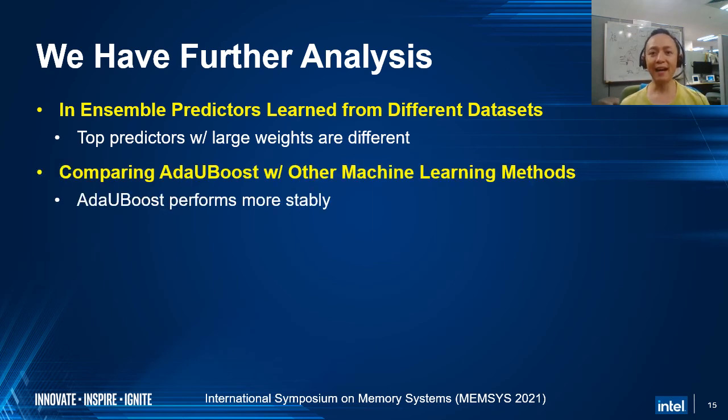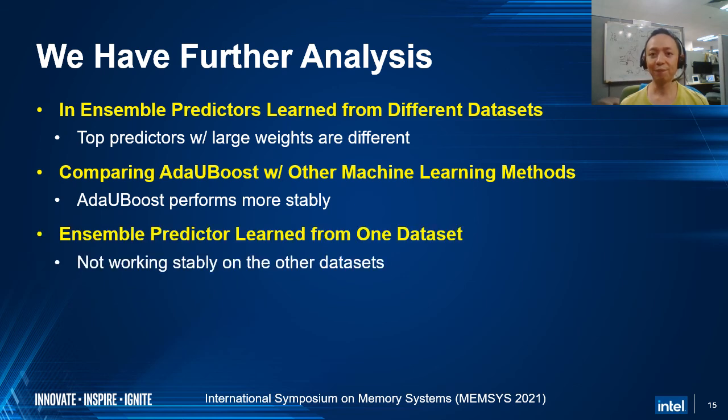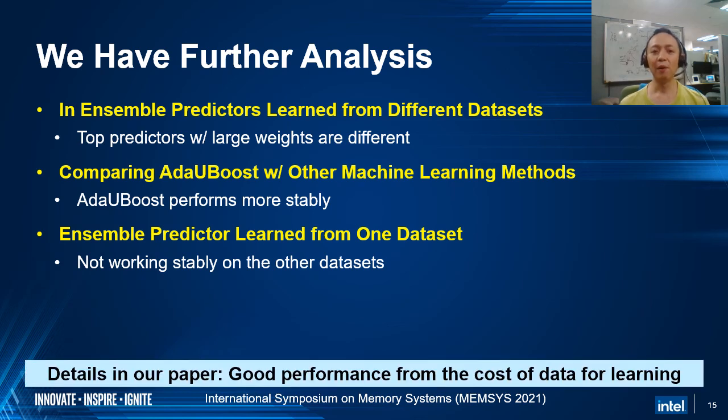We compare the AdaUBoost algorithm with support vector machines, random forests, and the basic AdaBoost algorithm. AdaUBoost performs more stably than the other methods. We also show that the ensemble predictor learned from one dataset does not work stably on the other datasets. More details can be found in our paper.